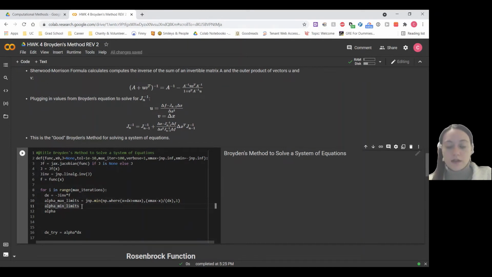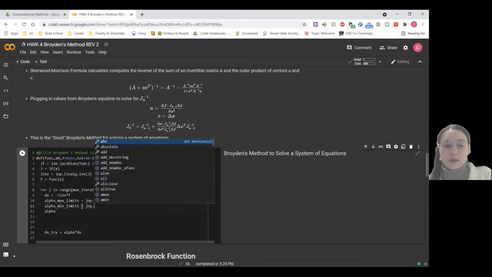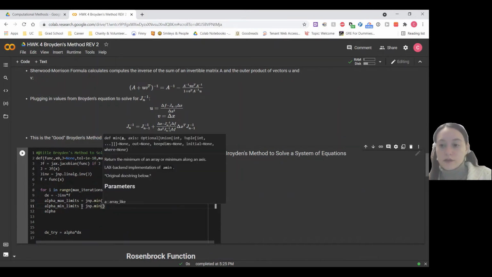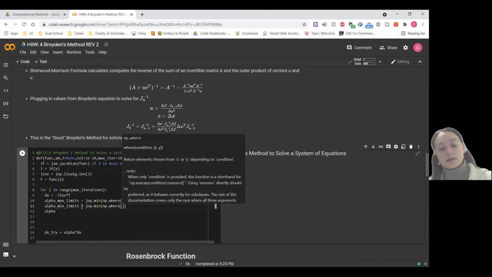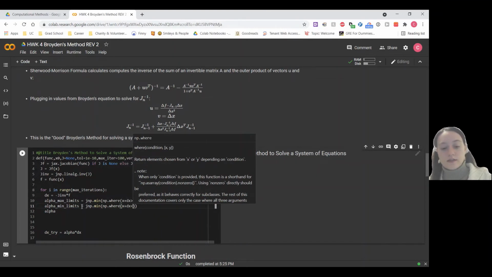We want to do the same for our minimum limits. What's the smallest value of alpha needed to never go below the minimum possible value of x? This would be if x plus dx is less than the x minimum.